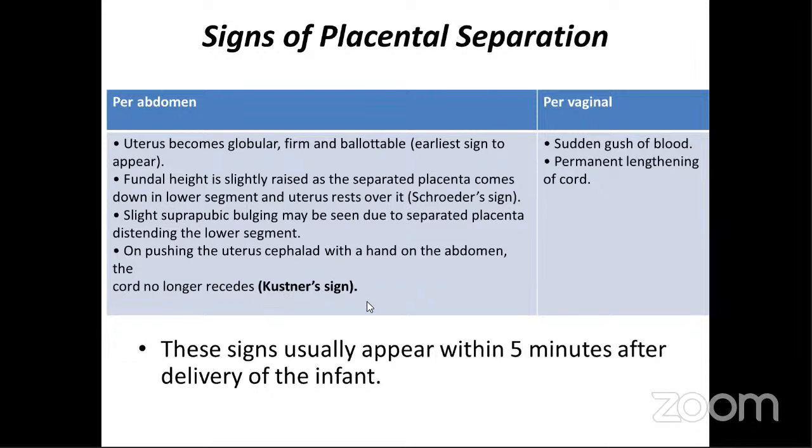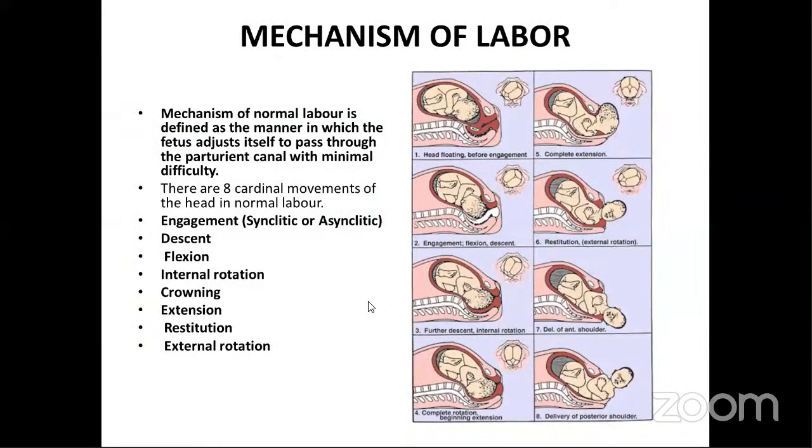Okay, so good. So when we move next, once you have understood the different stages of labor, the next important thing to understand is the mechanism of labor. So what do you mean by mechanism of labor? It is the manner in which the fetus adjusts itself to pass through the parturient canal with minimum difficulty, which is what is called the mechanism of labor.